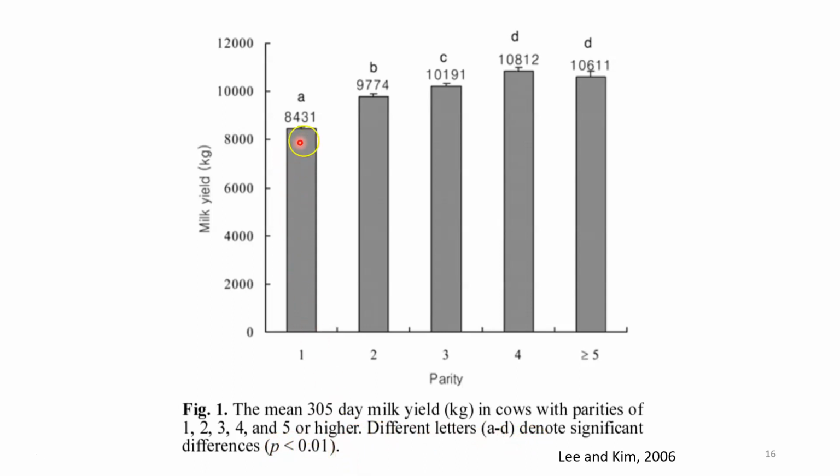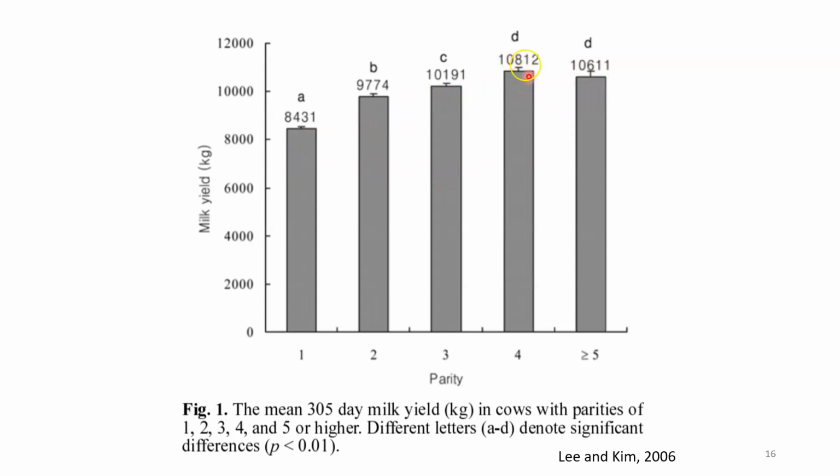What shows here is that milk yields after 5 are in the same group as the fourth lactation, so they are still higher than first, second, and third.